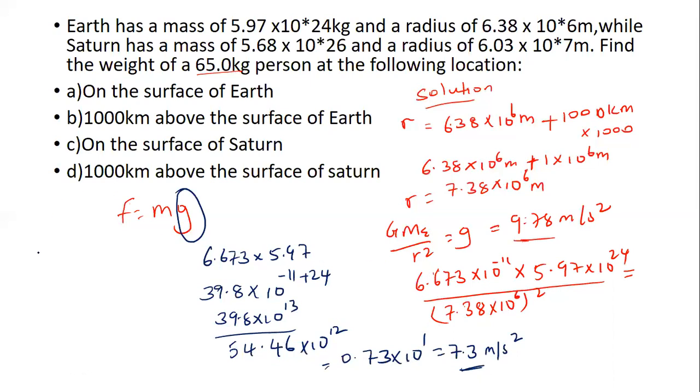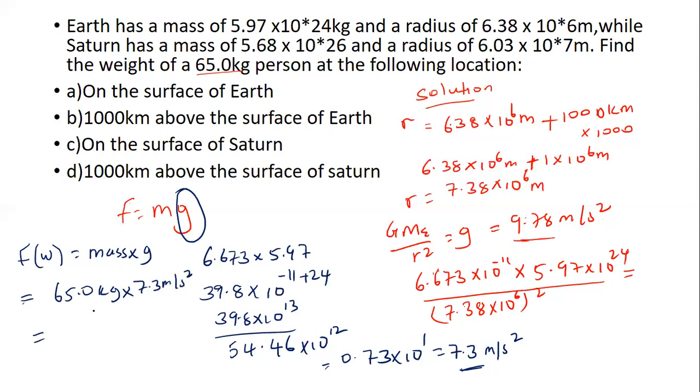So now we want to find the weight, right? The weight, which is represented by F, equals the mass of the person times the acceleration due to gravity, which is 7.3. So the weight equals 65.0 kilograms times 7.3 meters per second squared.